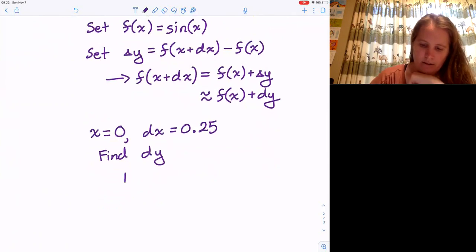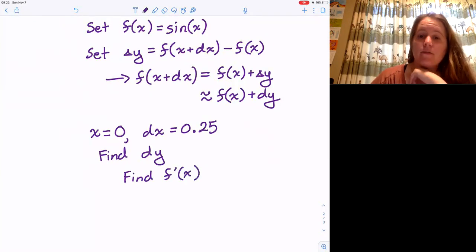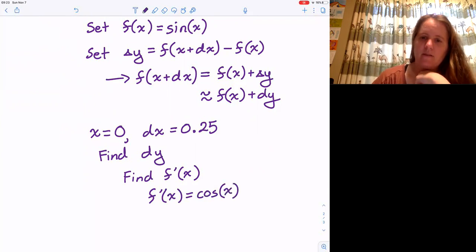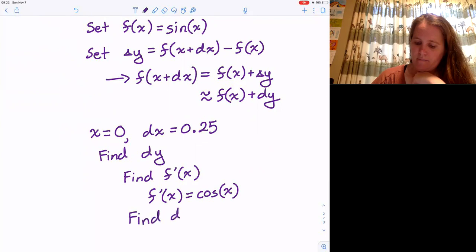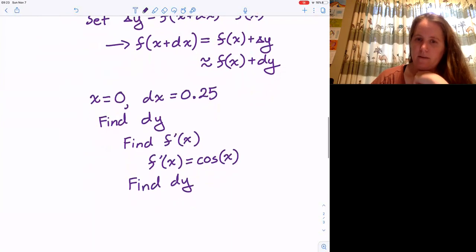So again, first thing we need to do is find f prime of x. So f of x was sine of x. Derivative of sine of x is cosine of x. Then we find dy. And so we have dy is equal to cosine of x times dx.